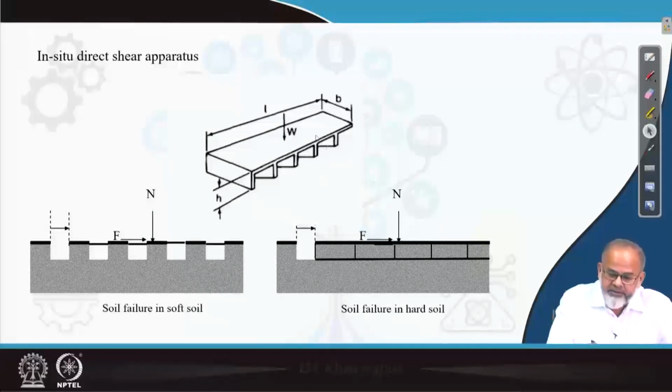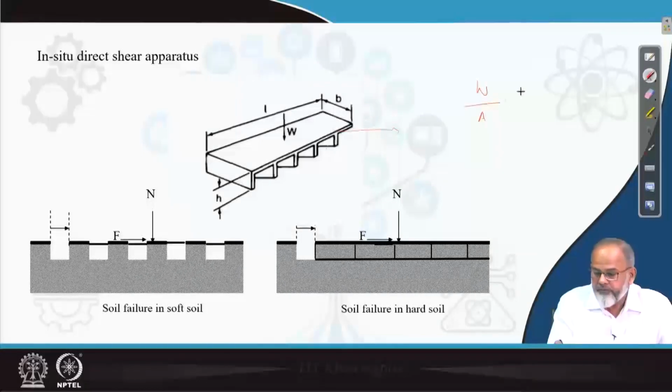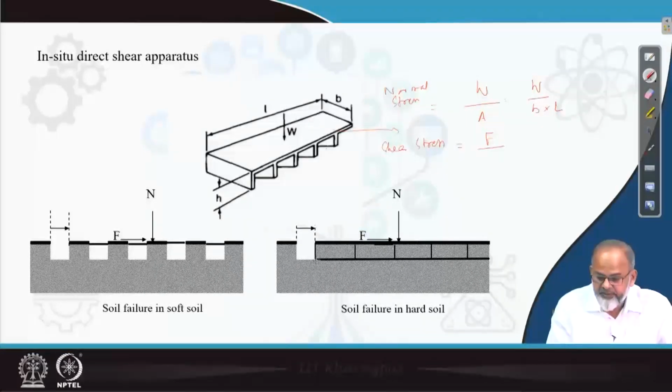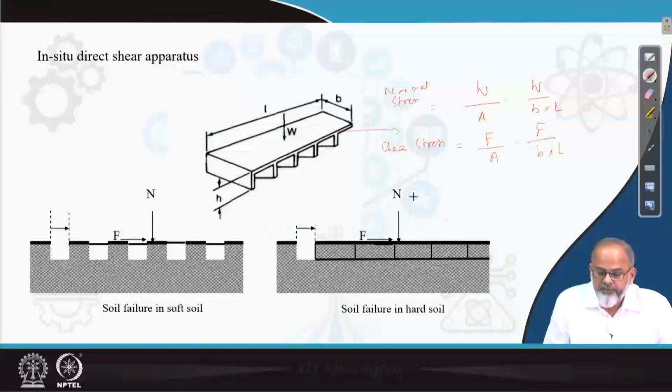Normal stress will be equal to W by area, which is W by B into L. Shear stress will be equal to F by the area which is sheared, which is the area below, again B into L. So that will give you shear stress.